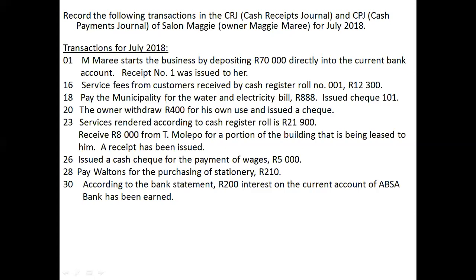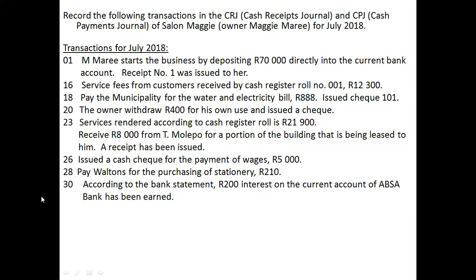Document number, day, details, analysis of receipts, bank, current income, and sundry accounts. Right, there you go. So there are the columns. As I said, those are fixed headings for the CRJ.